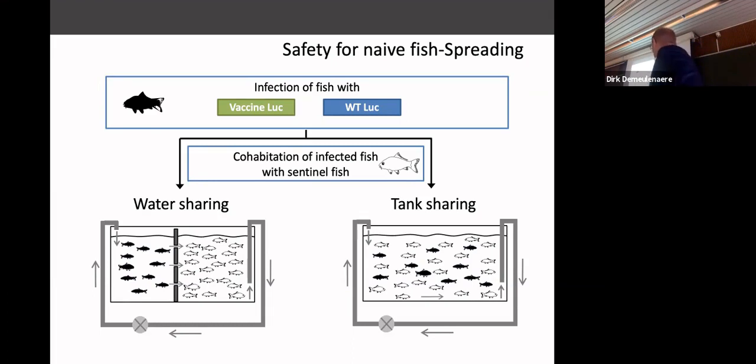So the question is, how do you recognize the fish that were vaccinated and not? This is called fin clipping. You just make a small incision in the fin so that you can recognize the black fish. In water sharing, obviously the virus can only be transmitted through the water acting as an abiotic vector, while in tank sharing the transmission can occur through the water, but also through kissing, touching, skin-to-skin contact, or whatever interaction the fish express. So let's see the results.